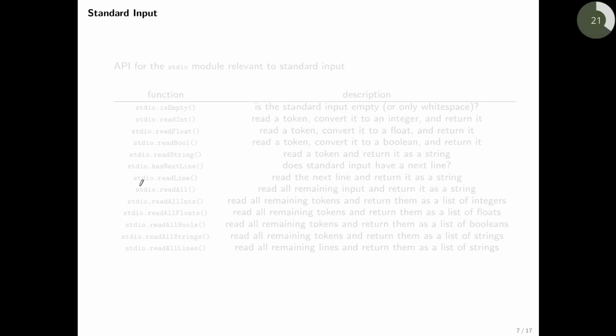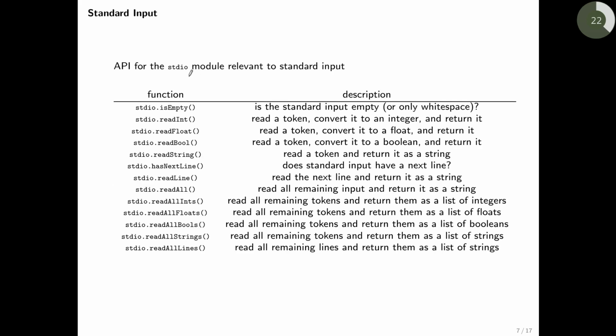Okay, so what I'm showing you here is the API for the stdio module that is relevant to standard input. All these functions are relevant to standard input. For example, you can use this function stdio.isEmpty to check if the input stream is empty or not. If it is empty, it returns true, and false otherwise.